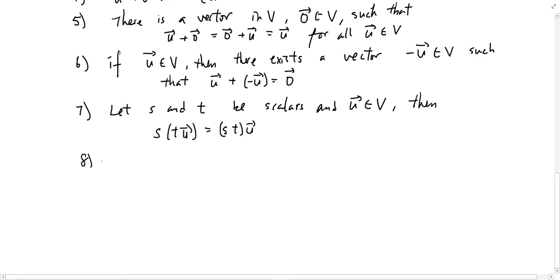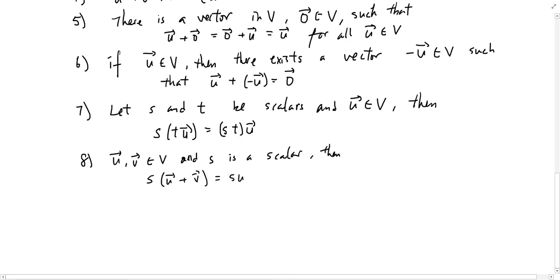I know that's a long list of properties, bear with me. If you have vector u and vector v, both in the set V, and S is a scalar, then S times (vector u plus vector v) is the same as S times vector u plus S times vector v. This is called the distributive property over scalar multiplication.